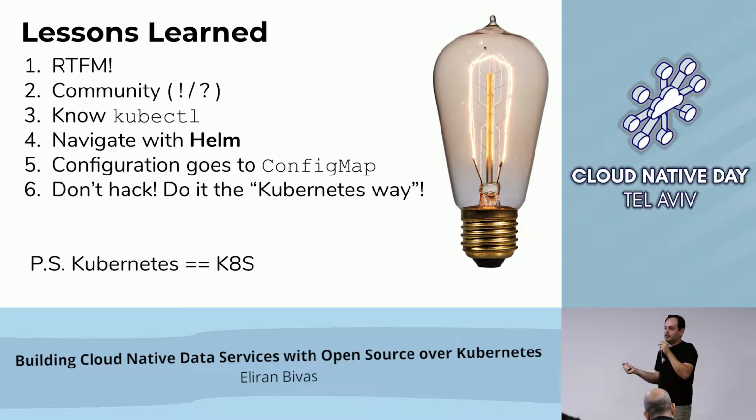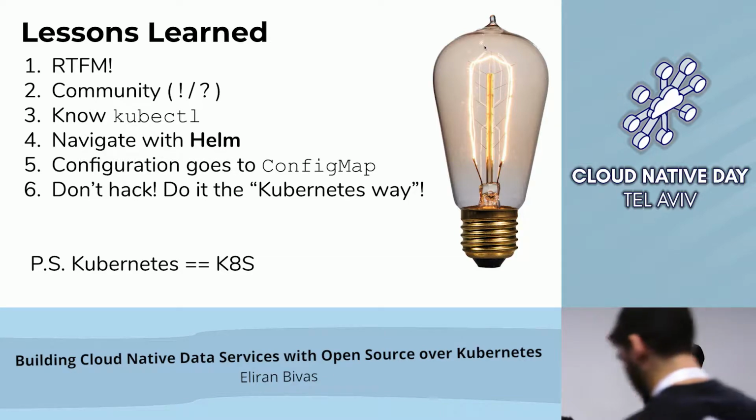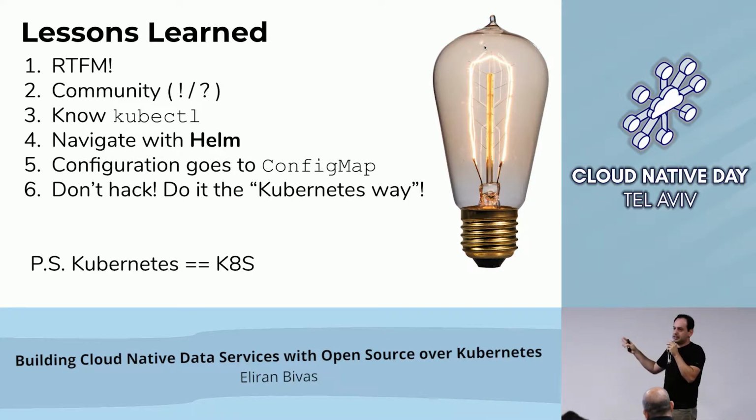It's very important because a lot of people were trying to hack the cluster, and the manual said, this is not the way to do it, or this is the way to do it. They were trying to hack a lot of items or services or YAMLs with very, very strange approaches. Basically, read the manual. It's very long, it's constantly changing, but you have to understand which part goes where.